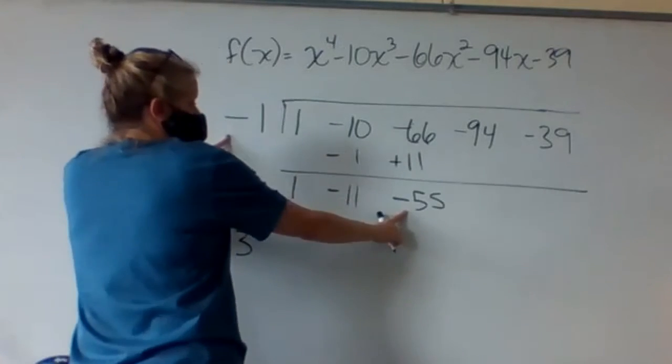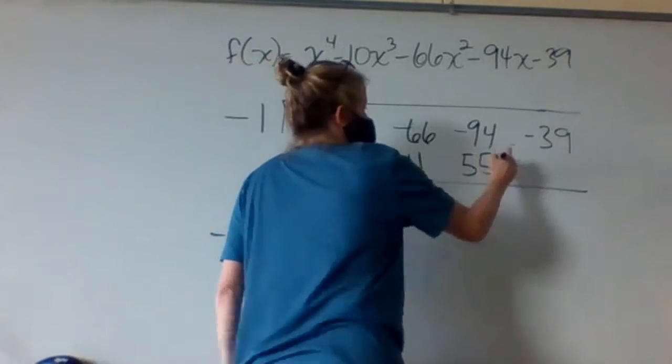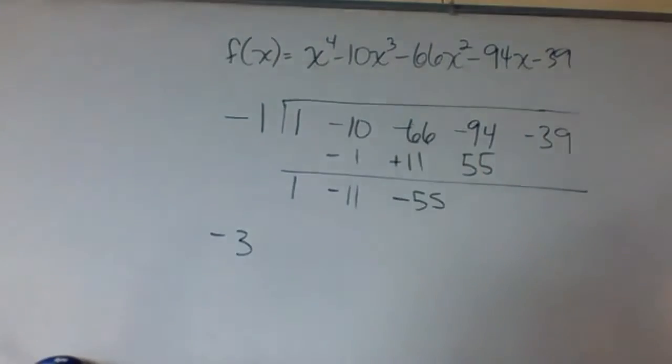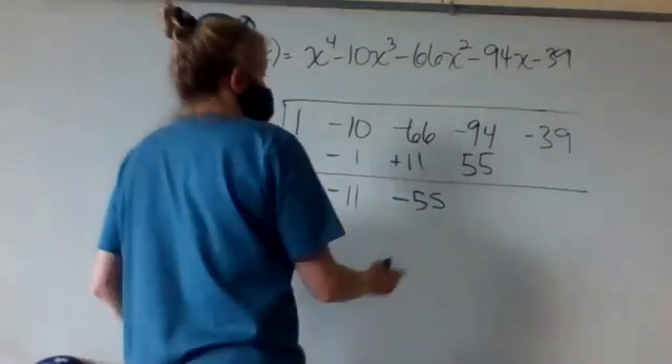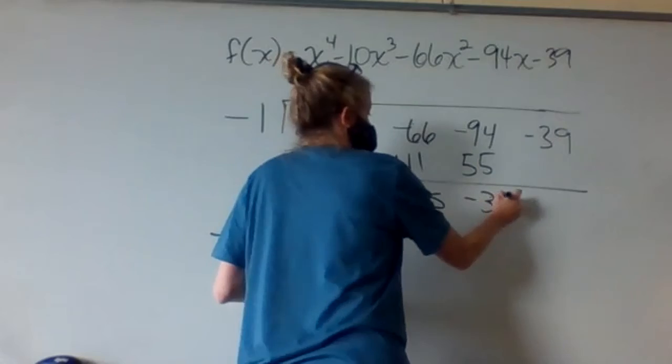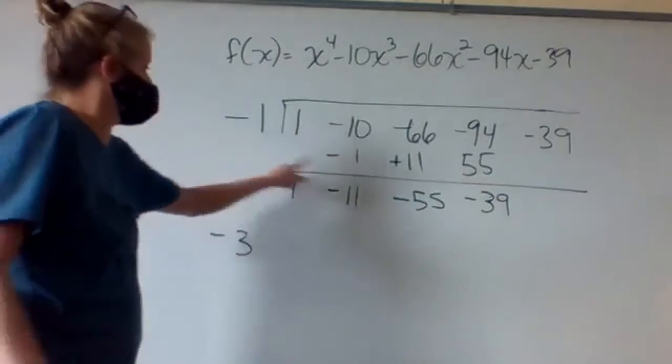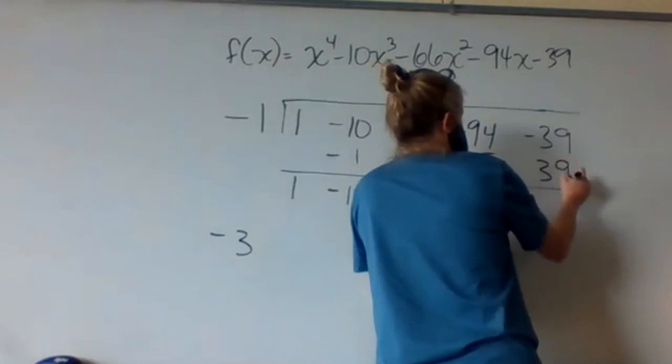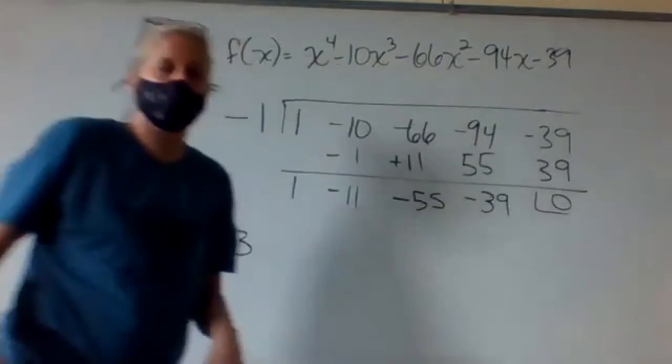Multiply. -1 times -55 is positive 55. What does that give me? Negative 39. -1 times -39 is positive 39. So there's your remainder 0.